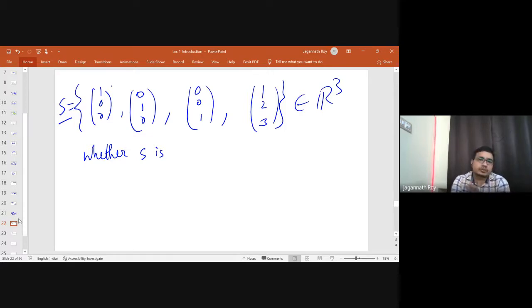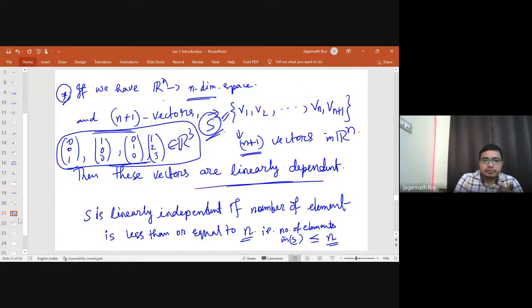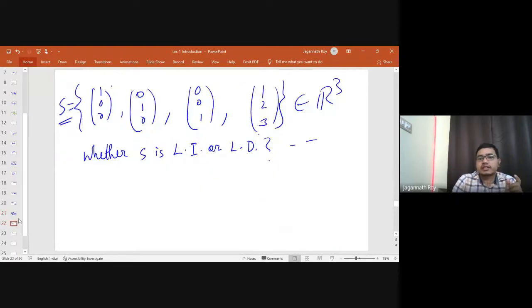There are two ways to say this: the vectors are independent or the set is independent. Whether S is linearly independent or linearly dependent, if you know the previous theorem, you can directly say that the answer is no. Why?